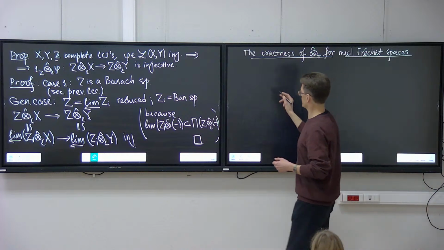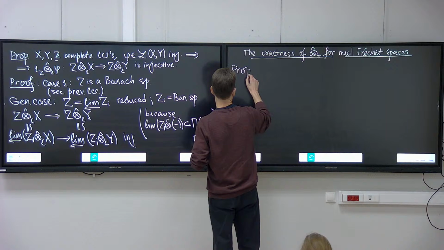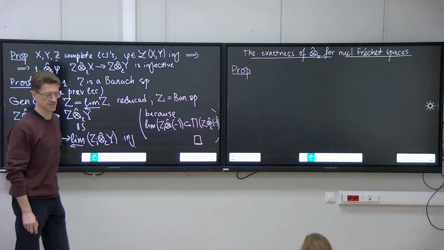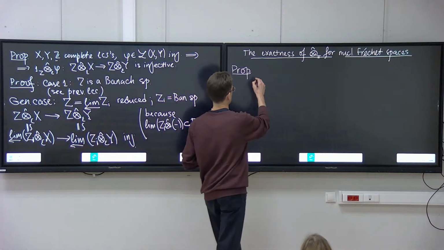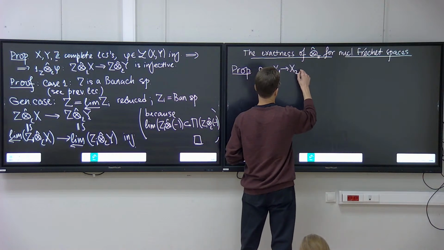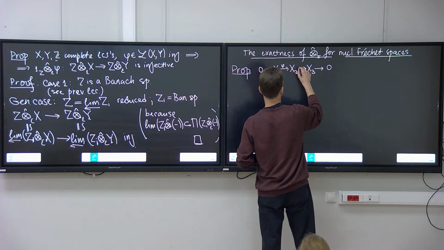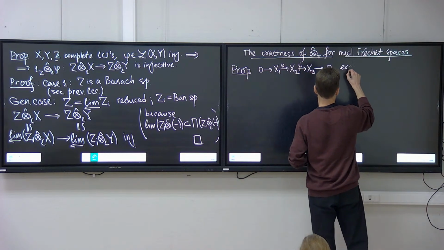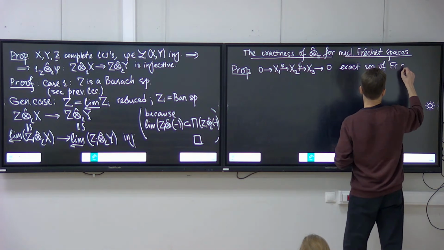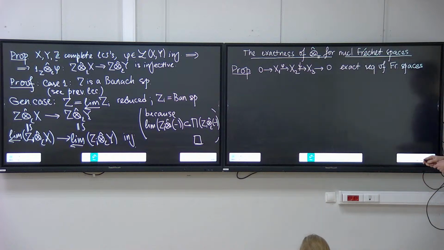We start with the following result, in which we consider only short exact sequences. Suppose we have a short exact sequence of Fréchet spaces, with maps phi and psi. When I say exact, I mean exactness in the pure algebraic sense.